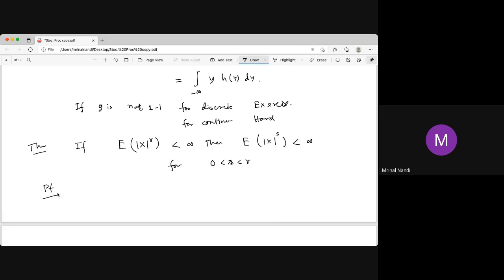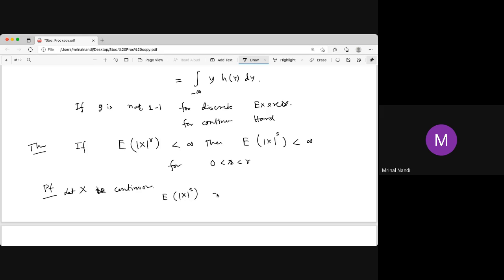And what is the proof of that? We prove it for the continuous type, and the discrete type is similar. Let X be continuous. For the discrete proof, you just replace the integration by the summation. Then what is the definition of the expectation of |X|^s?